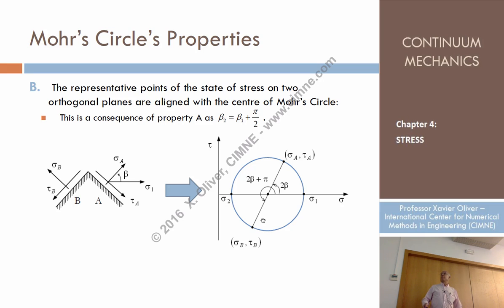Of course, by construction, this angle is pi, this is 2 beta. This point is the opposite, with respect to the center of the Mohr circle, to the previous one. So we can conclude the second property: the representative points of two orthogonal planes are opposite to each other with respect to the center of the Mohr circle. Okay?